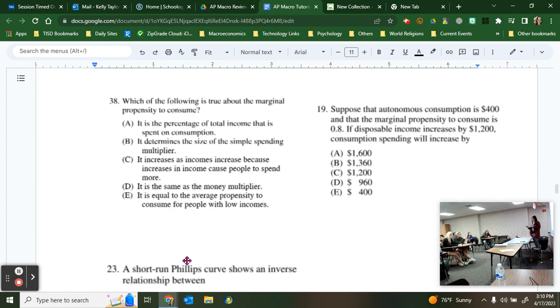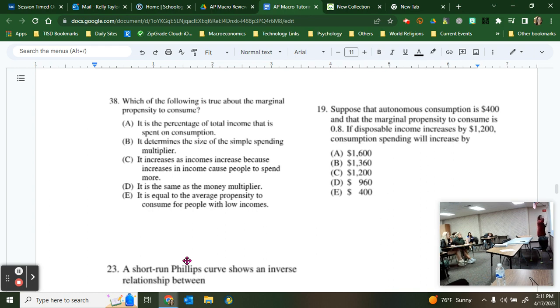It says if the marginal propensity to consume is 0.8 and disposable income increases by $1,200, consumption spending will increase by. So in terms of the MPC formula, it's giving you MPC, it's giving you your change of income, and it's asking about the change of consumption. So it's asking you to solve for the numerator.